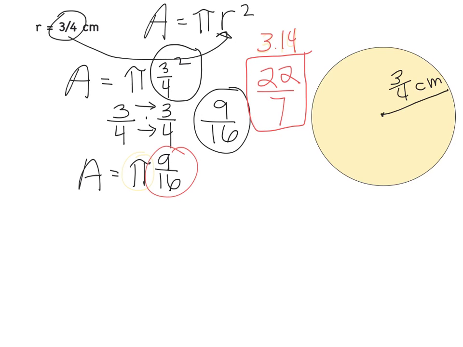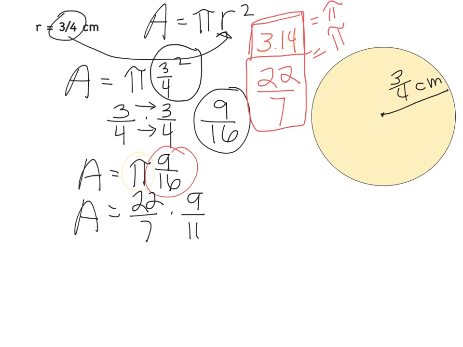This fraction equals pi, just the same way that 3.14 equals pi. Okay? These are the same thing. When you're given a fraction, choose the fraction form. So when we go back and write our next line of our equation, instead of using the decimal form, I'm going to use the fraction form, 22/7 times 9/16.